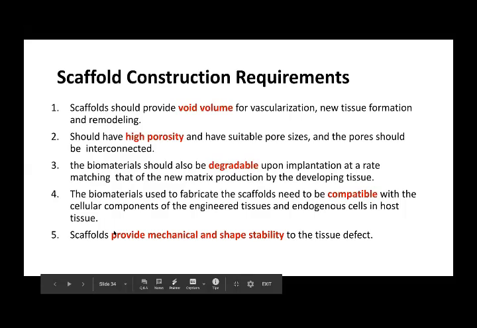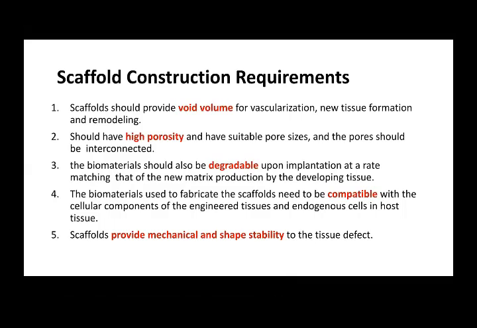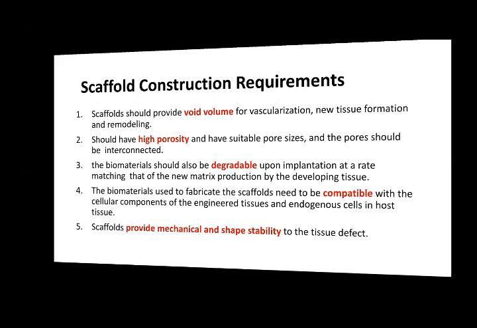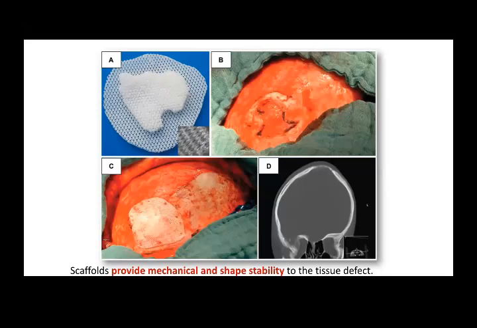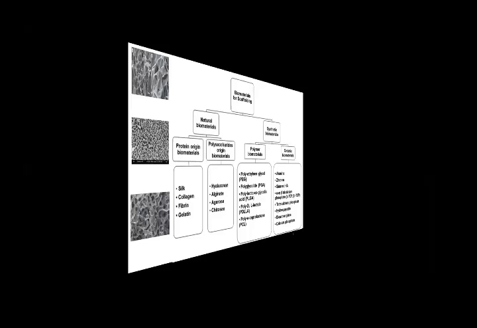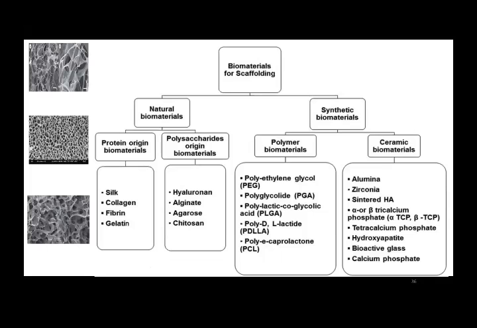Construction requirements we discussed: wide volume, highly porous, degradable material, compatibility, and providing mechanical and shape stability as well. Types of scaffolds we talked about can be broadly categorized into absorbable and non-absorbable, natural and synthetic.